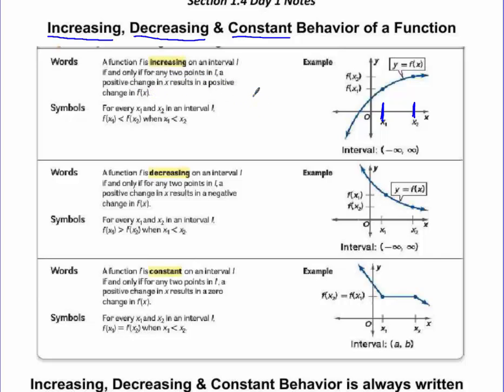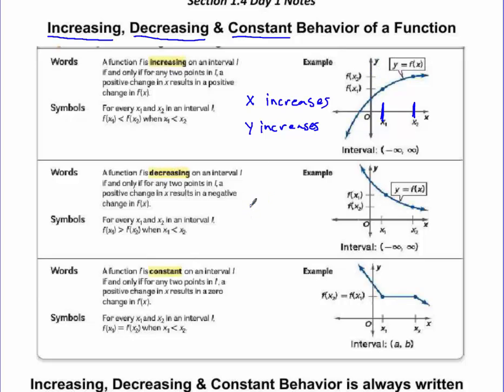Basically what that means is x increases and y increases. And so if you look at the picture of this graph, you'll see that everywhere that the x values are increasing as we move from left to right, the y values on the y-axis are also increasing.